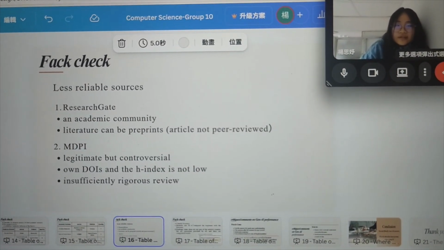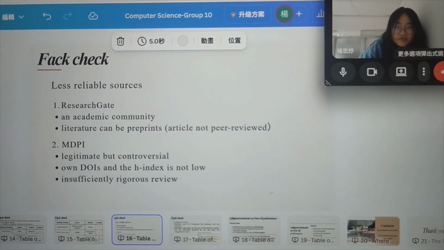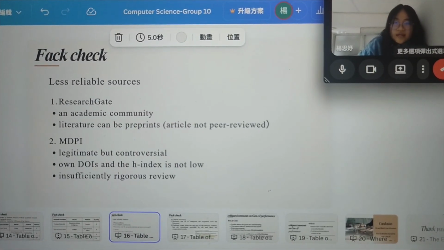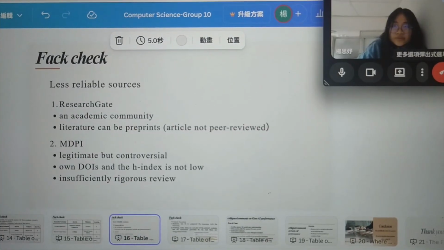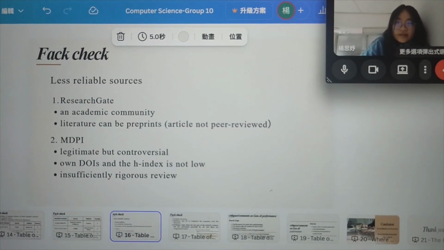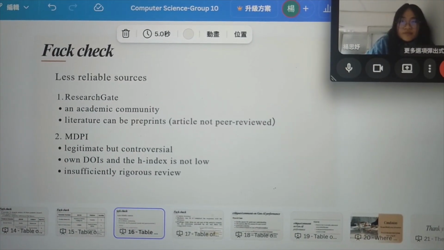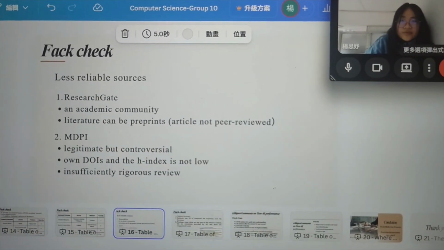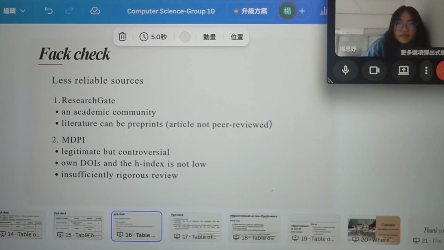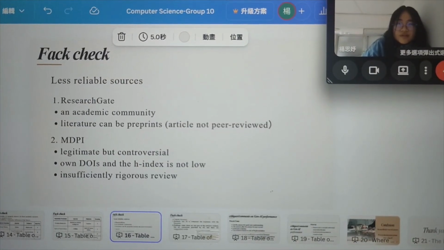On the other hand, I found 4 that seem less reliable. One of them is ResearchGate, which is more like an academic social platform. The papers there are often preprints uploaded by the authors themselves.